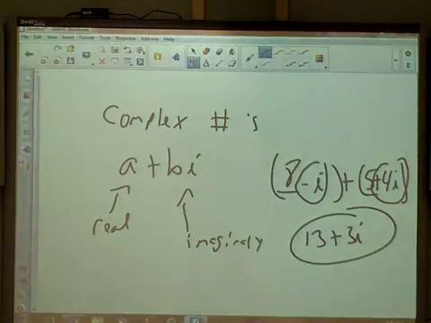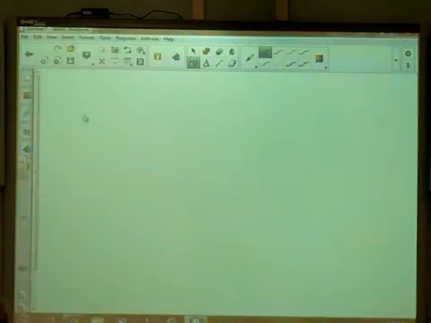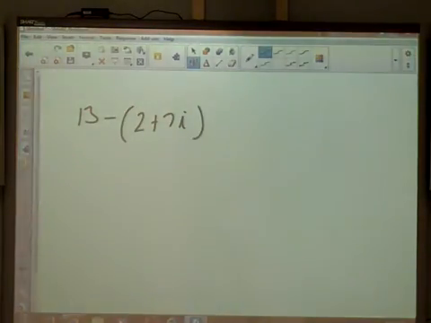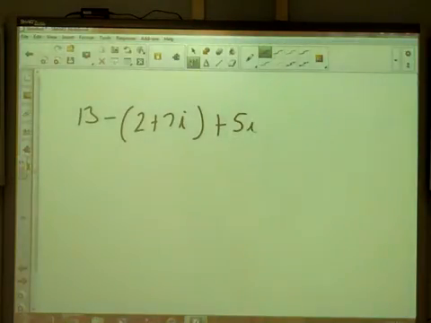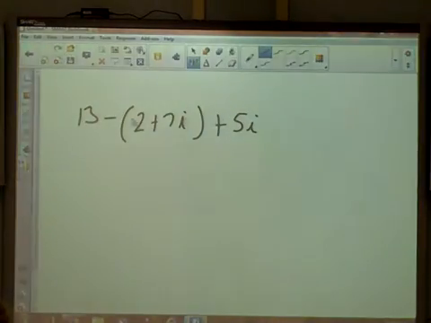Alright, let's do another easy one. This one says 13 minus the quantity 2 plus 7i, plus 5i. Okay, so it looks a little bit different, but it's still just like terms. Now that middle piece that's in the parentheses there, that 2 plus 7i, all that's meaning is that I subtract that whole thing from 13.